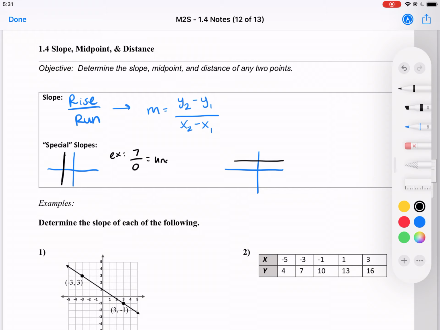We always say that's an undefined slope, and that means the line is vertical. On the other hand, you'll have your special slope of 0 over some number. That's always going to equal 0. That means it's a horizontal line.